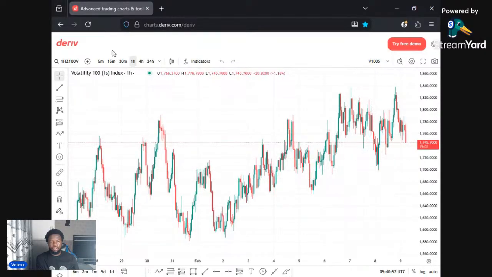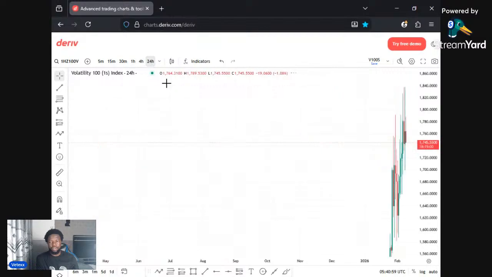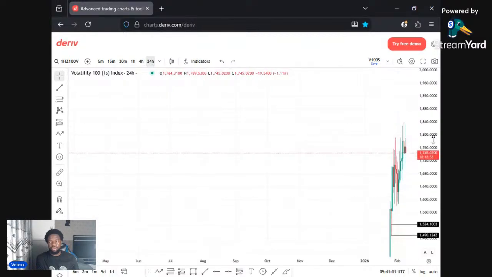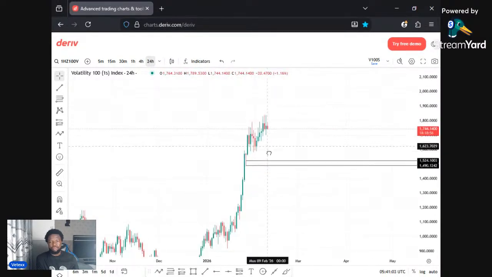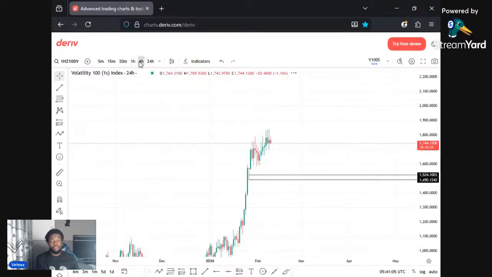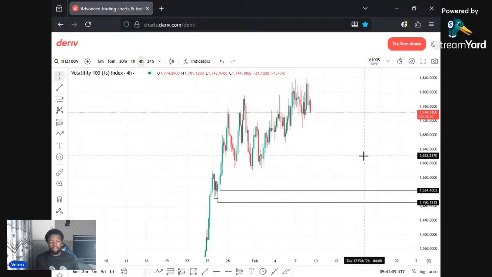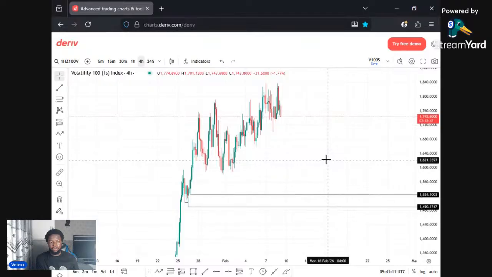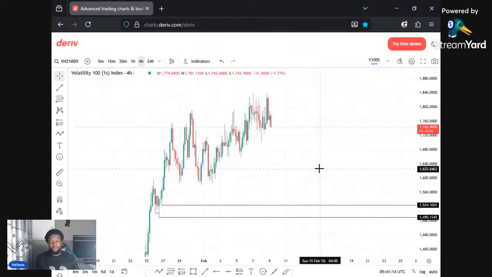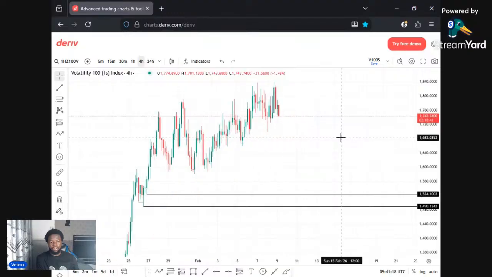So V100S, starting from the 24-hour time frame, is bullish. Then on the 4-hour time frame, what do we have? We have a POI that we've been anticipating for a very long time, which is this.